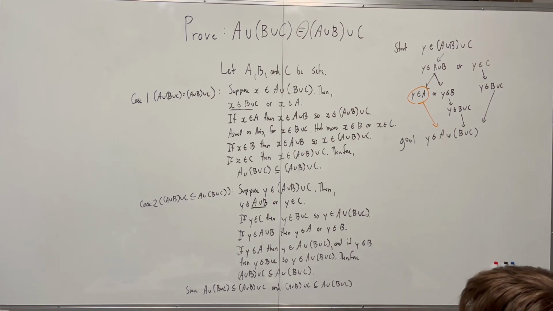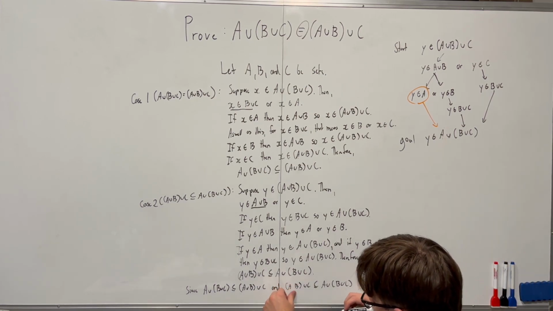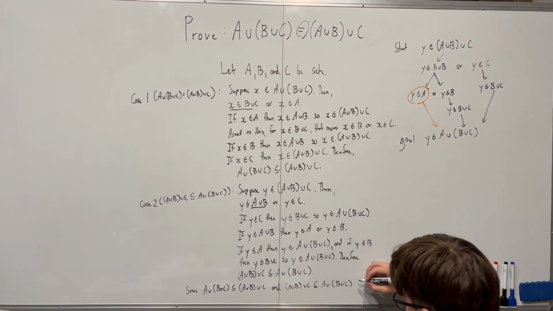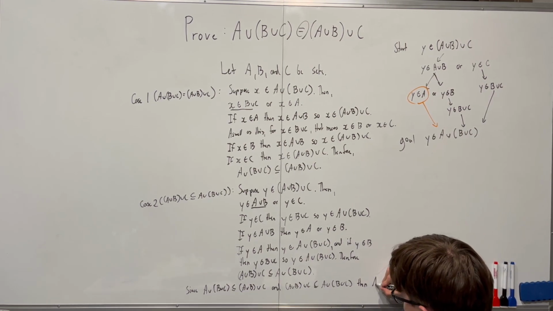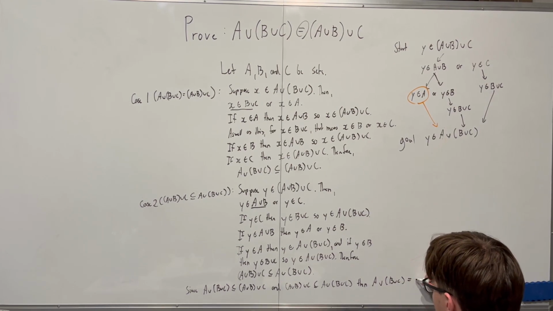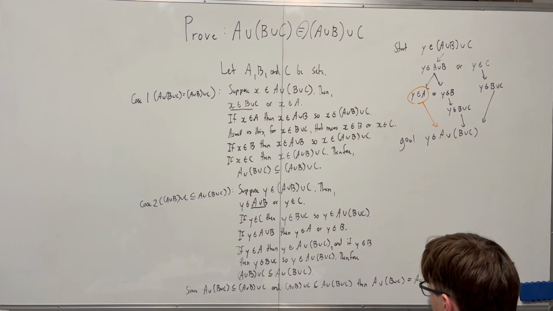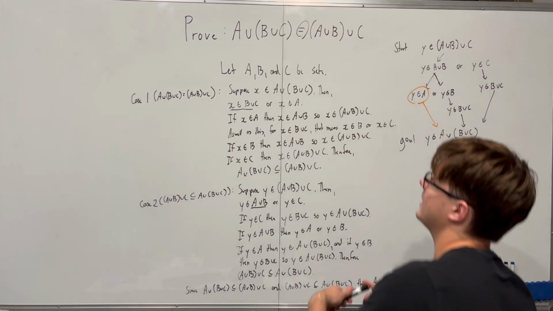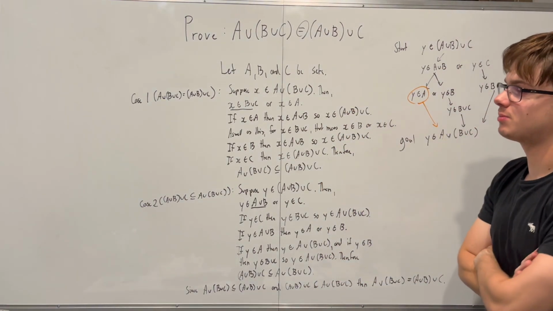Did I say that right? Yes, I did. Okay. A little shabby, but this is a lot of writing and a lot of talking. So since this is true, we can say that A union (B union C) is equal to (A union B) union C. Fantastic. We have now proven exactly the statement that we wanted to prove to be true.